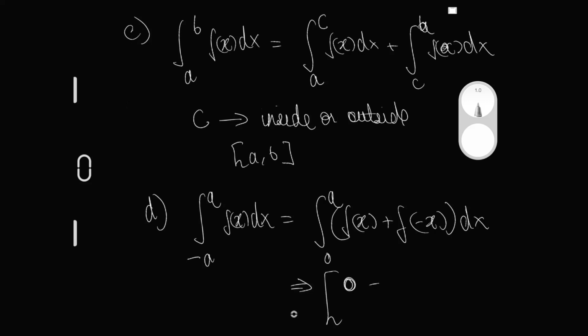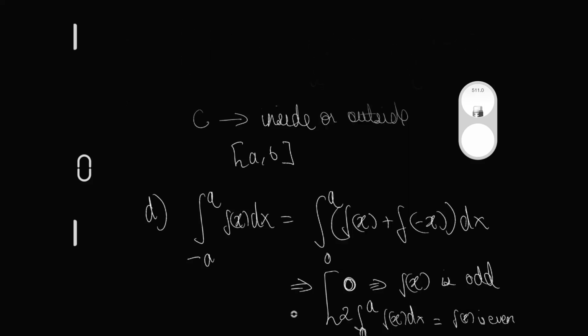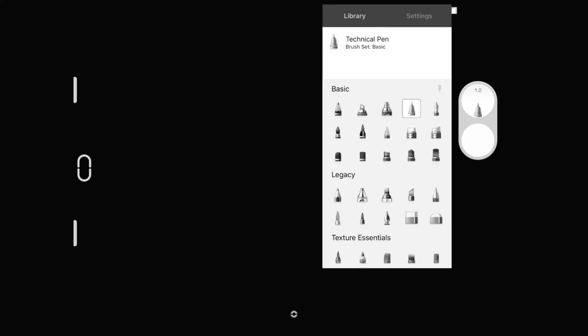It equals 0 when f of x is an odd function, and it breaks up into 2 times integral of 0 to a f of x dx when f of x is even. So these are the properties you must remember when solving definite integration.